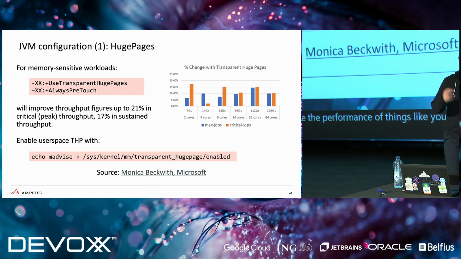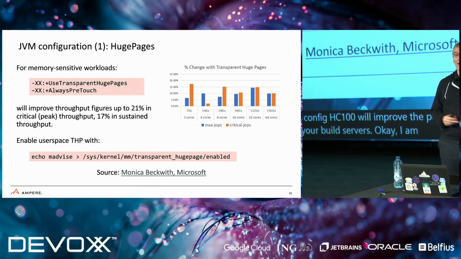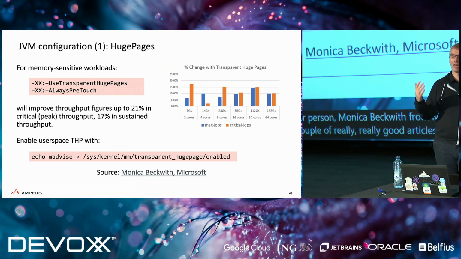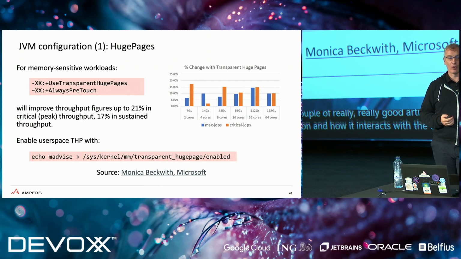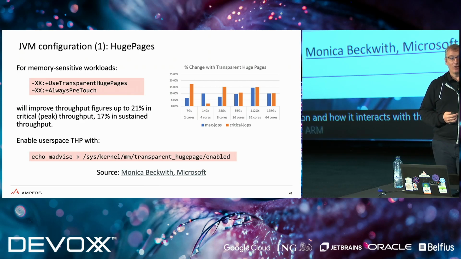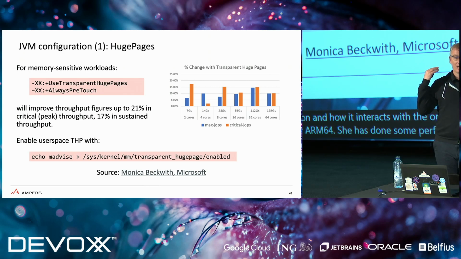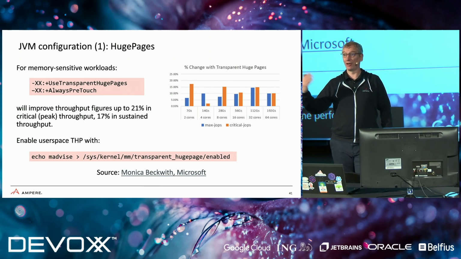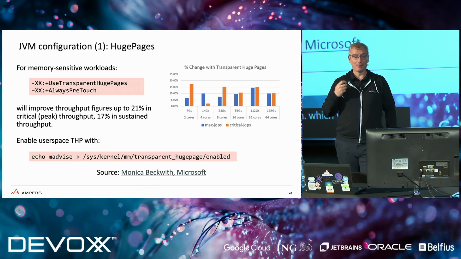Okay, I am also going to call out another person, Monica Beckwith from Microsoft, who has written a couple of really, really good articles on JVM configuration and how it interacts with the operating system for Arm64. She has done some performance testing on using THP with pre-touch, which we talked about earlier as a potential bug.